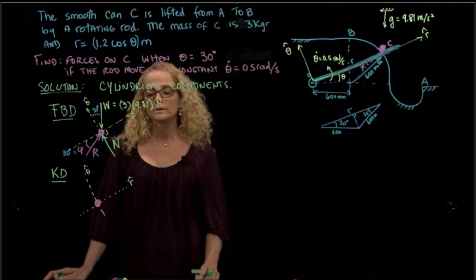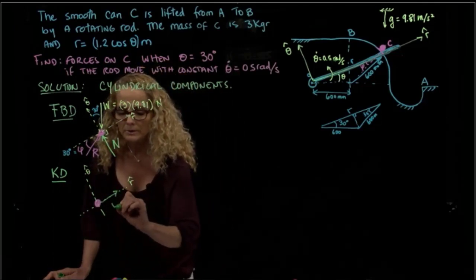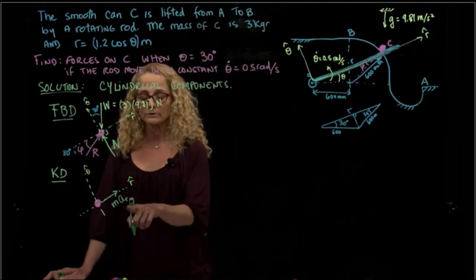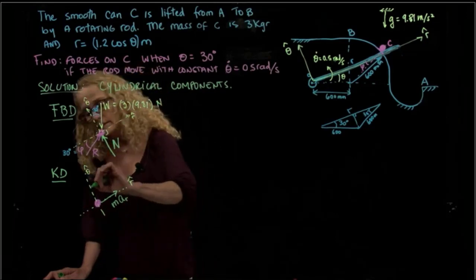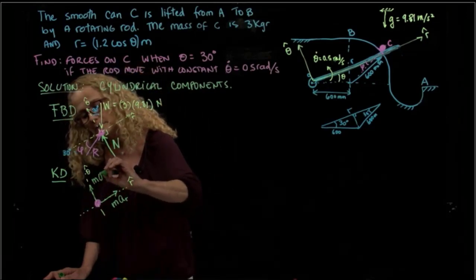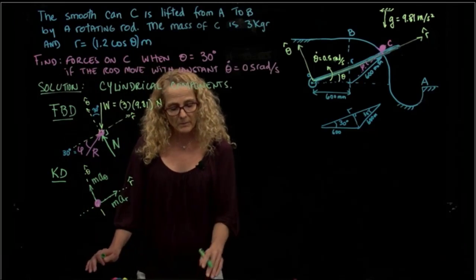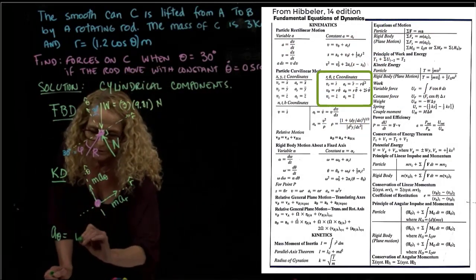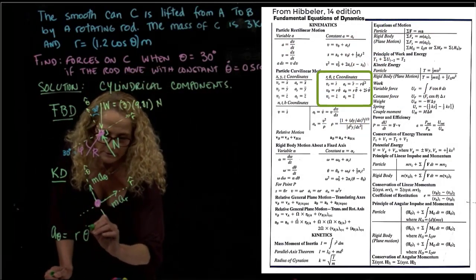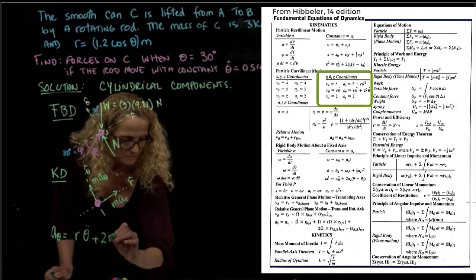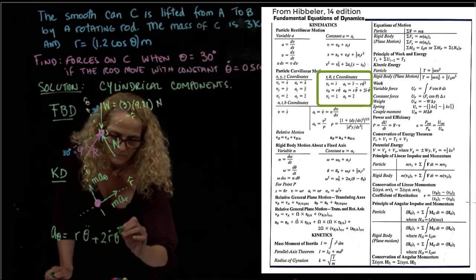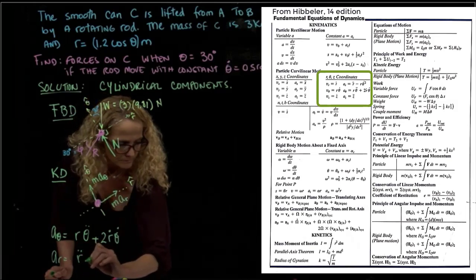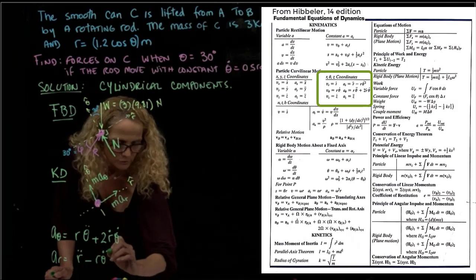In cylindrical components, we will have one force in the r direction, which is the mass times the acceleration in r, and then another, the mass times the acceleration in theta. I don't expect you to learn this by heart; you will have it in your formula sheet. The radial acceleration is r double dot minus r theta dot squared.